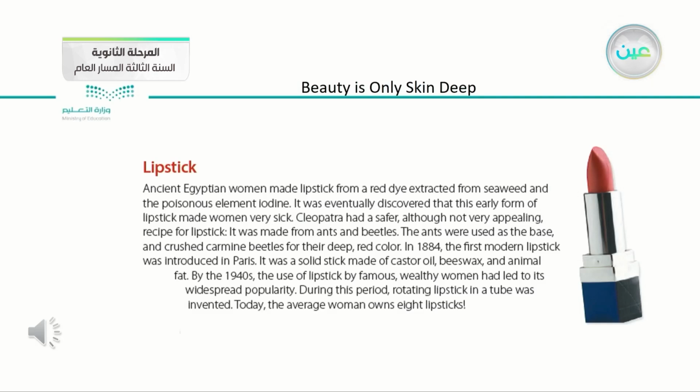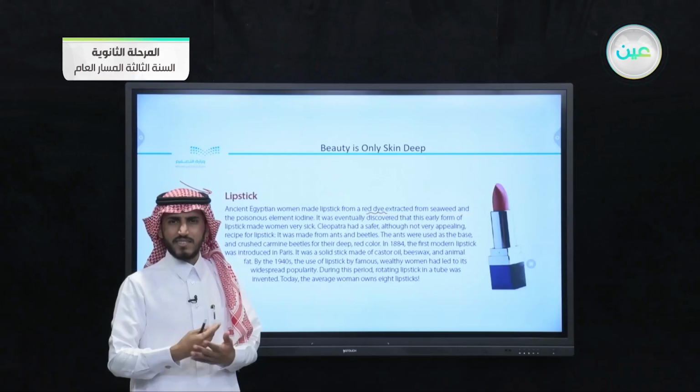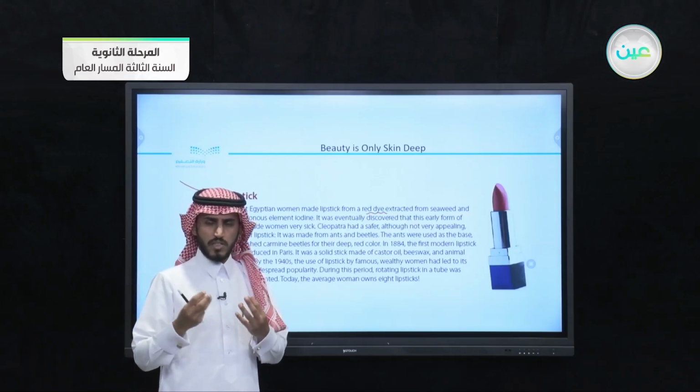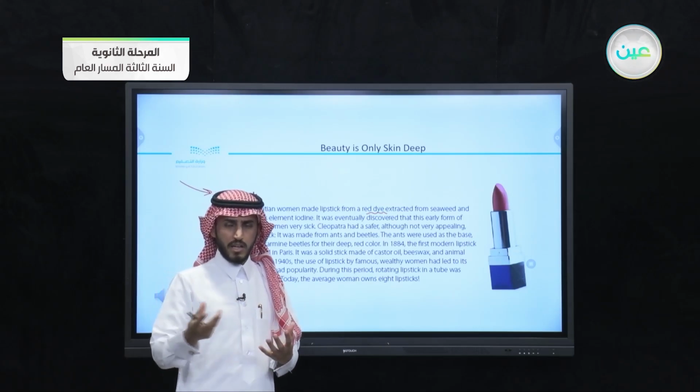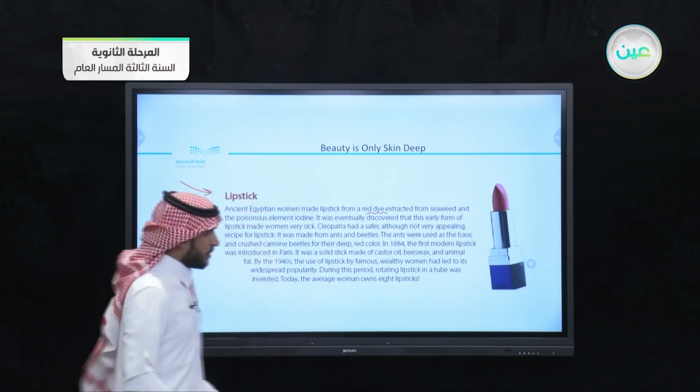Okay, now we have, after that, lipsticks. Ancient Egyptian women made lipsticks from a red dye. The word dye here refers to the paint or to the color of something. So the red dye means the red color.